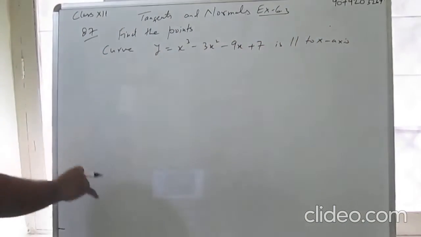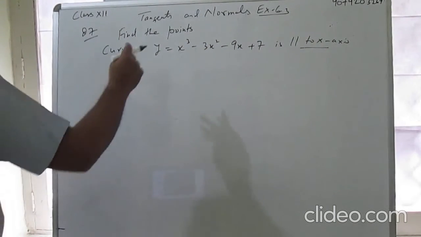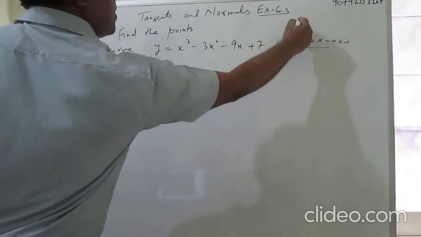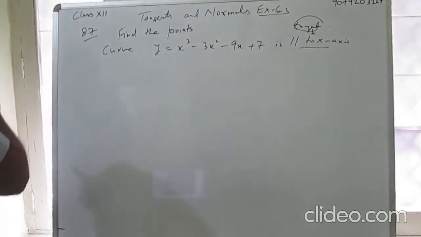Tangent is parallel to x-axis. Find the points at which tangent is parallel to what? x-axis. Tangent is parallel to x-axis.